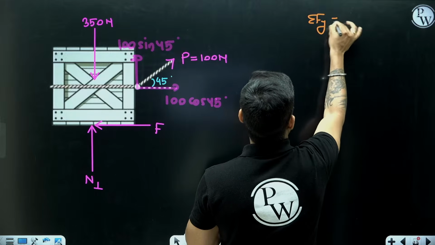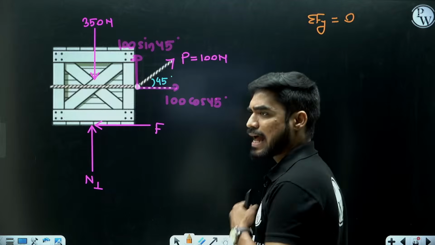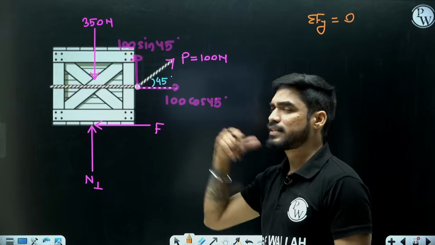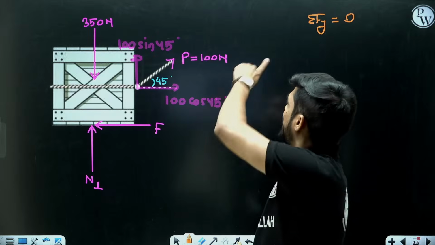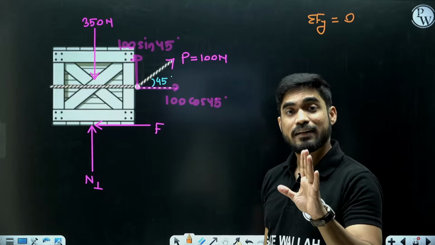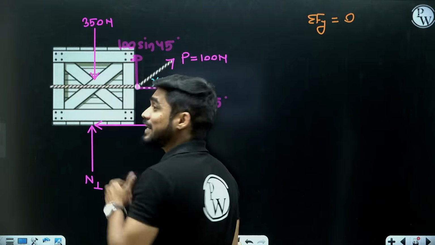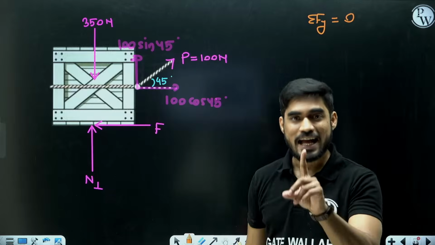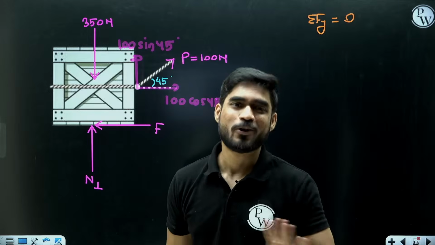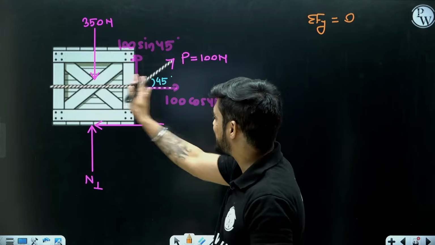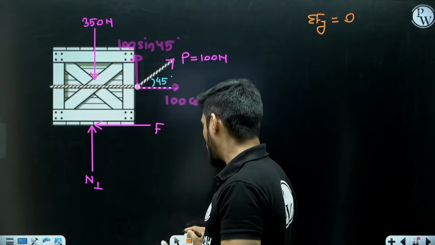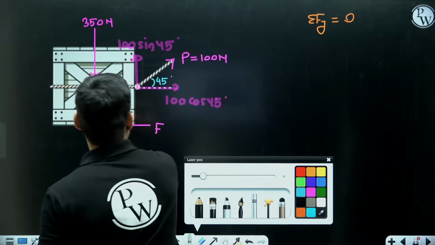Sir, you just told me that we don't know whether the block is in equilibrium or not. Then how are you applying this? Beta, this block will always remain in equilibrium in y direction. In y direction, are you trying to move it? No, you are trying to move it in x direction. If this block moves, it will move in x direction.